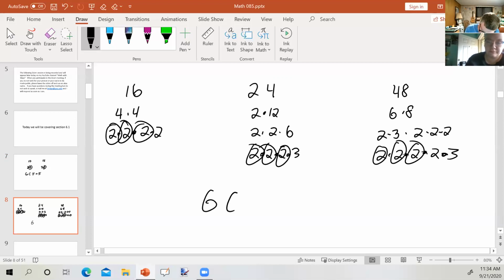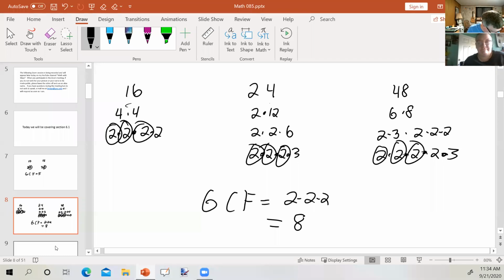So the greatest common factor would be 2 times 2 times 2, or 8. So 8 is the largest number that's a factor of 16, 24, and 48. Any questions on that? Good to go. All right.